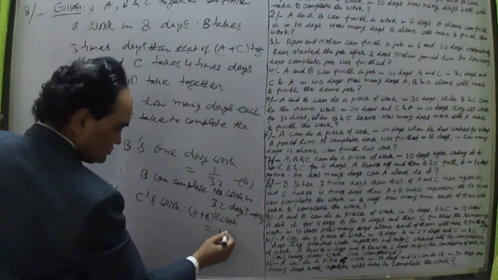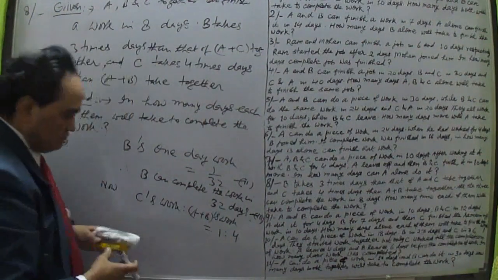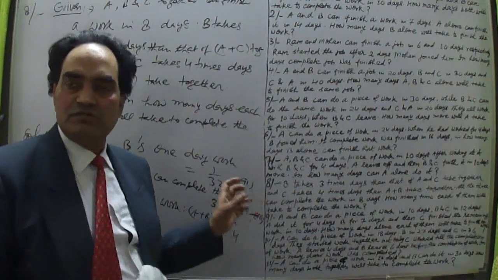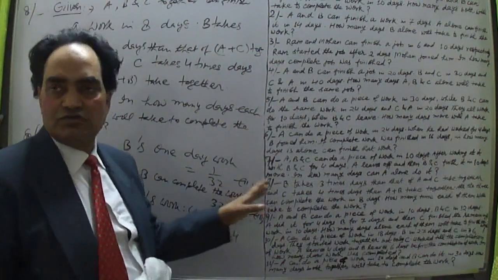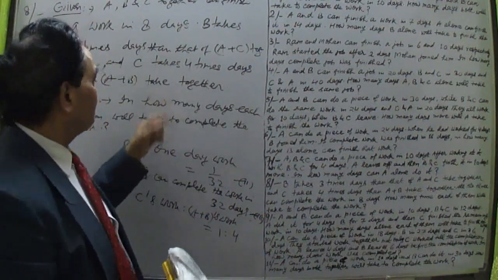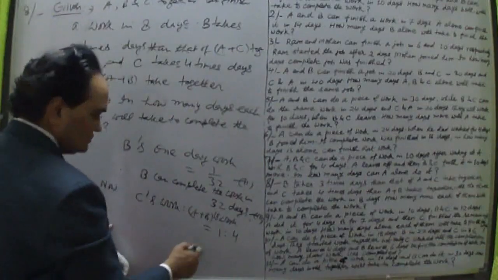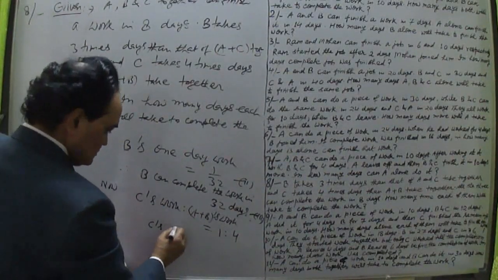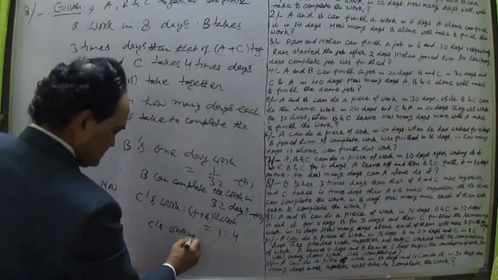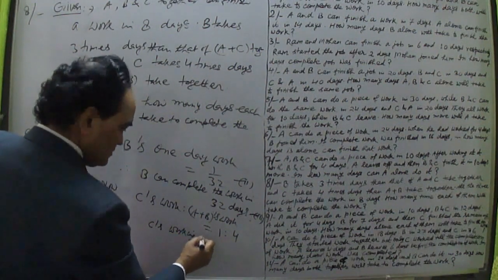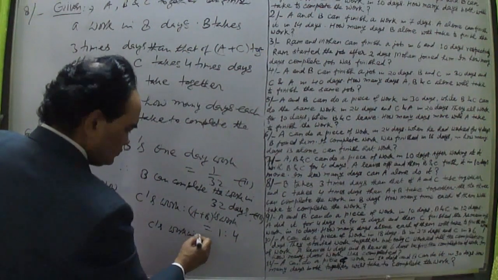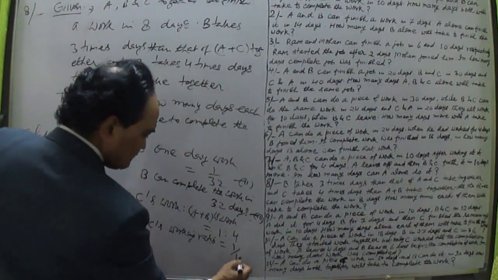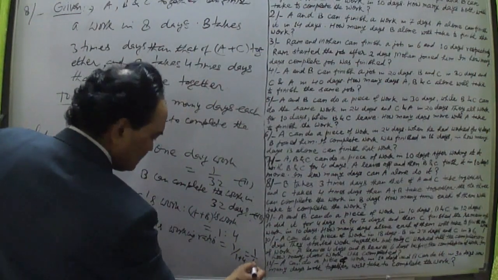That means the ratio is 1:4 between C's work and A plus B's work. So C's working ratio or portion is equal to 1 upon 1 plus 4, that means 1 upon 5.